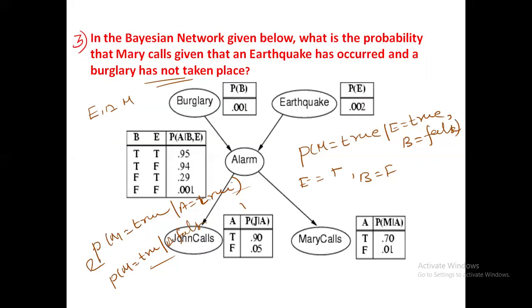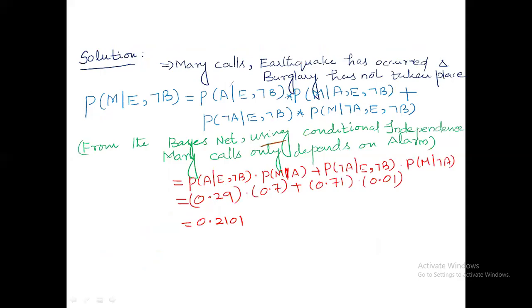So in this case, Mary calls, earthquake has occurred, burglary has not happened. So how are you going to write it? Mary calls given earthquake had happened and burglary has not taken place.